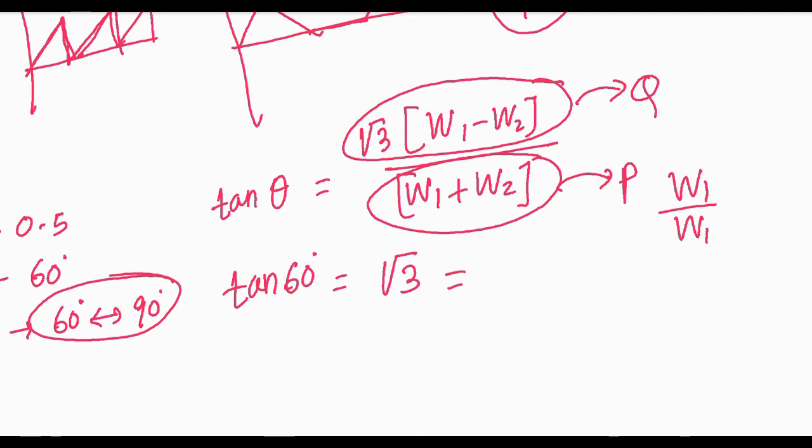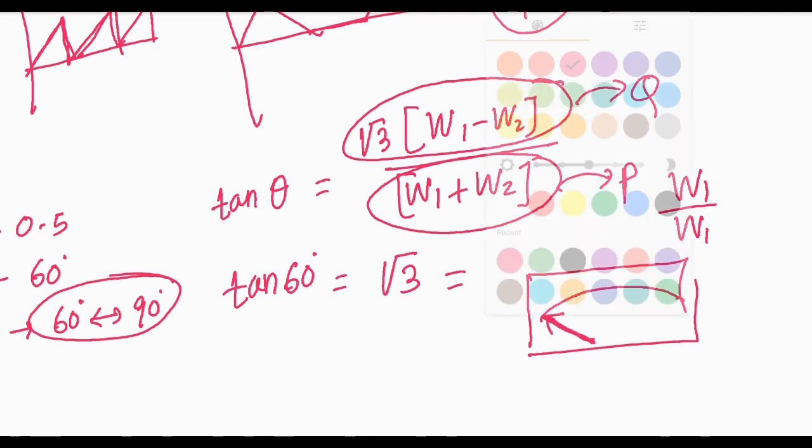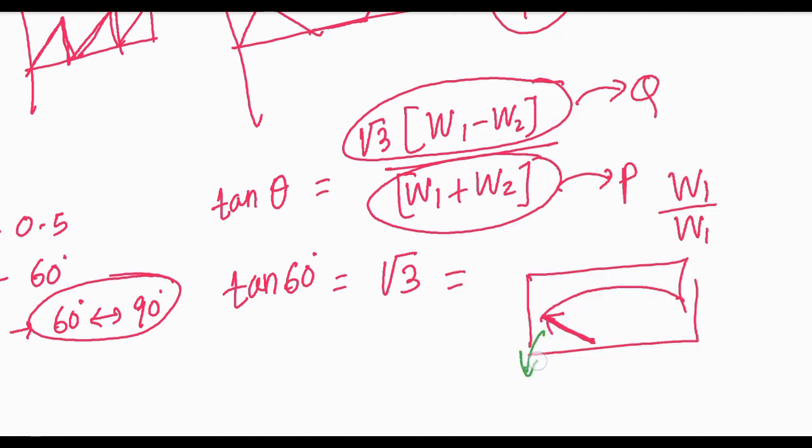So that means at 60 degree W2 becomes 0, and if we increase the power factor angle from 60 degree to 90 degree, W2 will have a negative value. So what will we do? We do the reverse, because in case of a wattmeter there is no negative reading. The pointer will not go beyond the starting position.